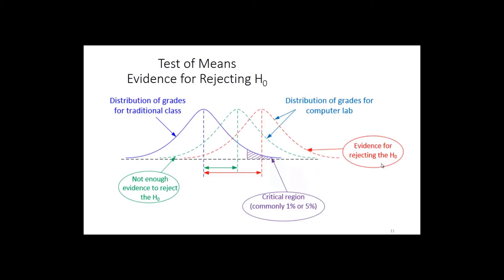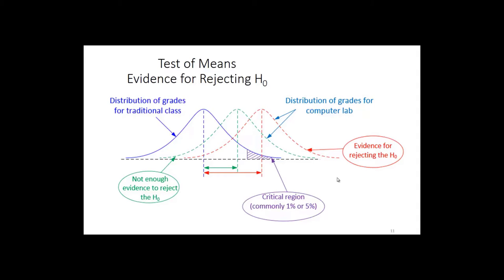But then there should be a limit. How much of a difference should there be to call this a significant difference? We consider a critical region of 5% or 1%. Let's say with 5% in the right tail of the distribution when we have the distribution of grades for the traditional class.